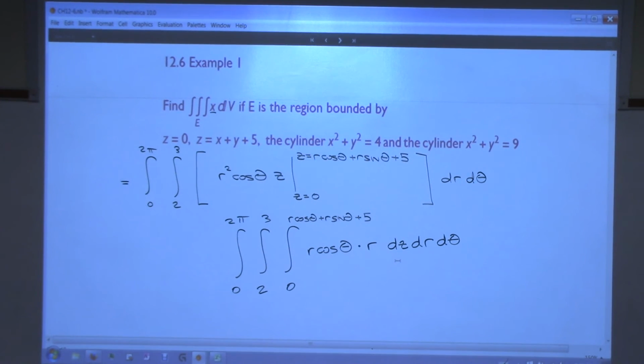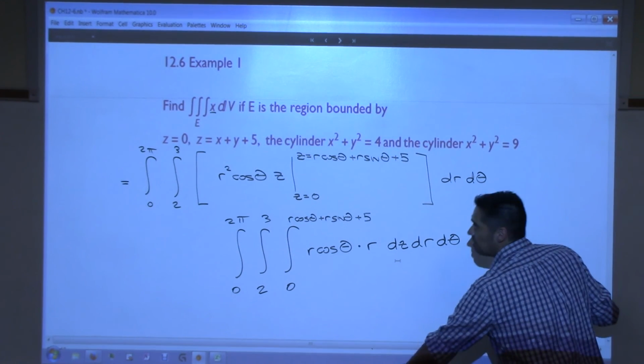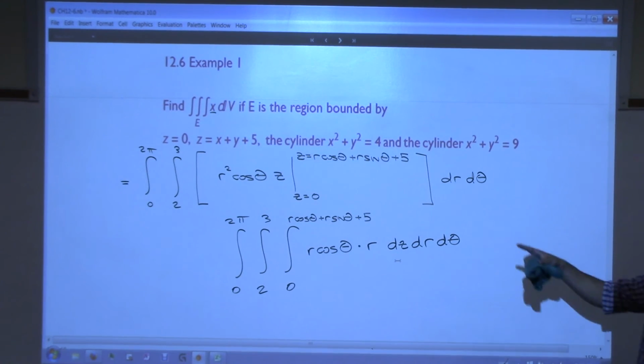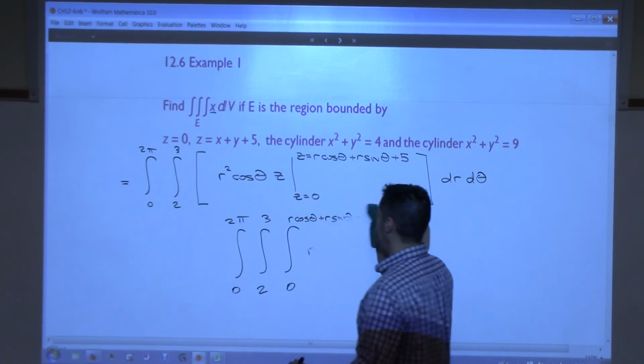So I now have the pleasure of replacing z with this and subtracting. The z equals 0 is nice, it kills stuff off. The z is r cosine theta plus r sine theta, that's not so nice.